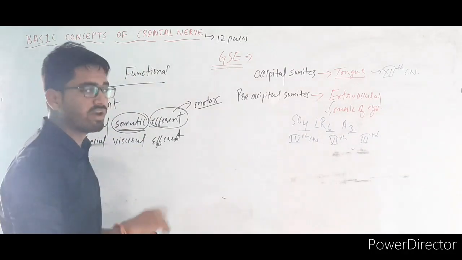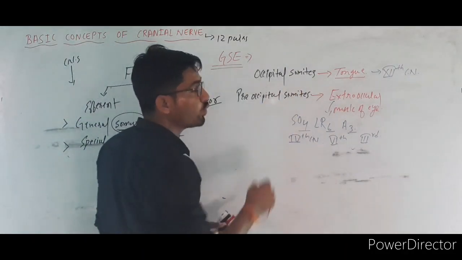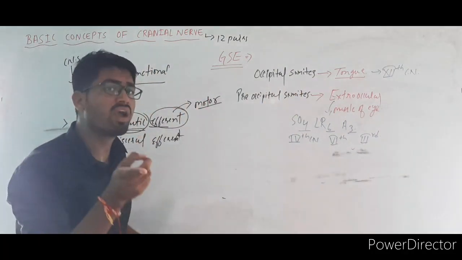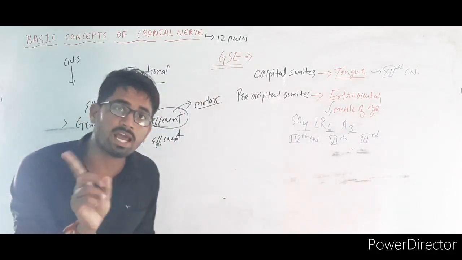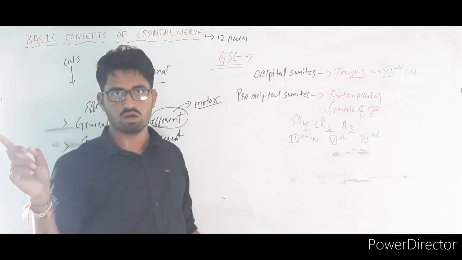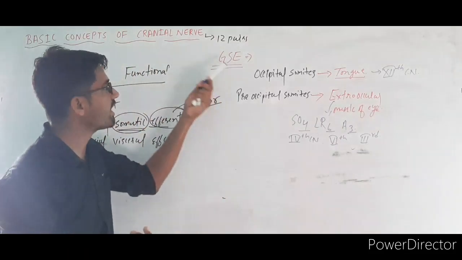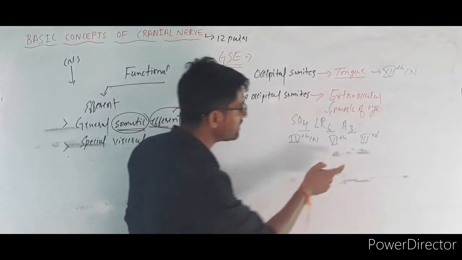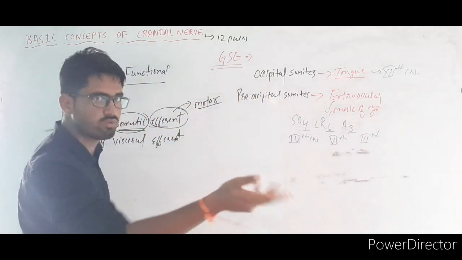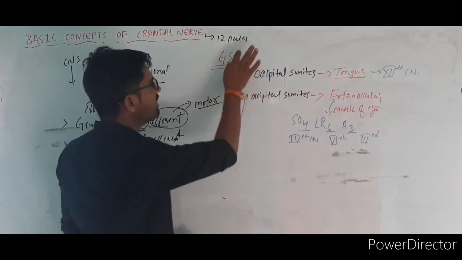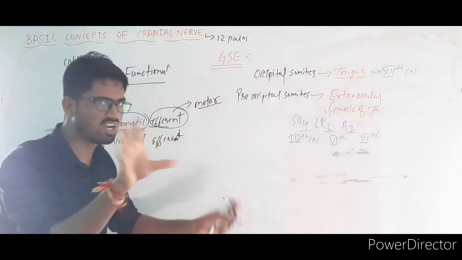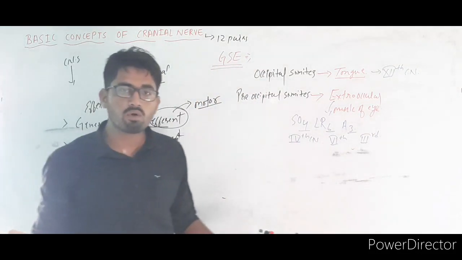So when I explain cranial nerve 12, hypoglossal nerve, which fiber will I write there? This only, general somatic efferent. At that time you should not have any doubt about where I am writing this from. When I explain the third cranial nerve, which is our next video, I will tell you there is a GSE. At that time you should not have any doubt.